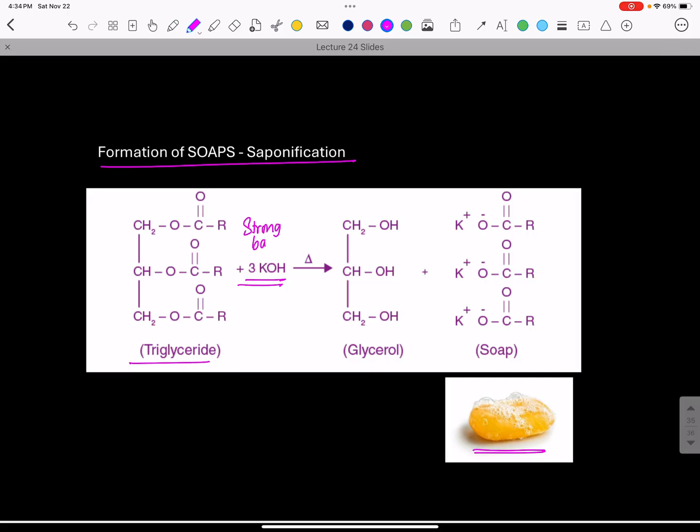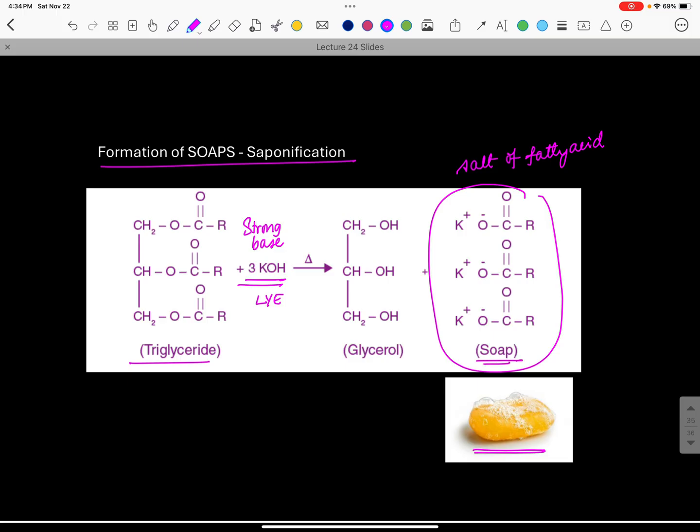So when triglycerides react with a strong base like sodium hydroxide or potassium hydroxide, they end up getting hydrolyzed and forming the corresponding salts, the salt of the fatty acid. The salt of the fatty acid is called the soap. That is what is used as a soap.